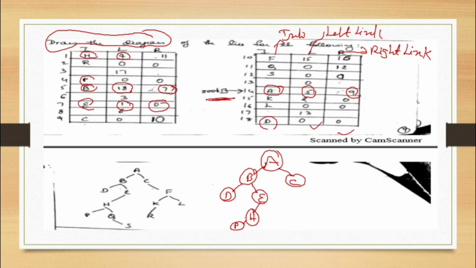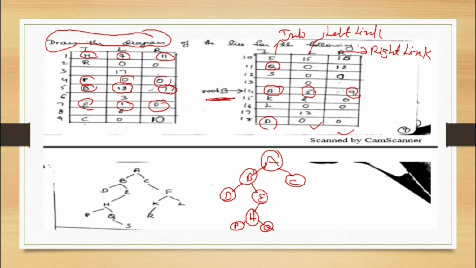Then in the right of H, what do you have? It is there in the 11th location, that is Q. So H has Q. Come to P first. P has 0 0, that means it doesn't have a child.